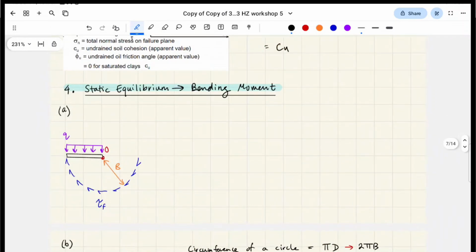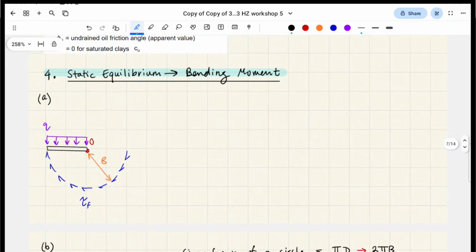So back to our question. How this relates to everything is that this system that we have set up is just a bunch of forces or a bunch of distributed loads in 2 dimensions. And so we can do the same thing. We're just going to take the bending moments about point O, right? But before we do that, we're going to convert a few things.